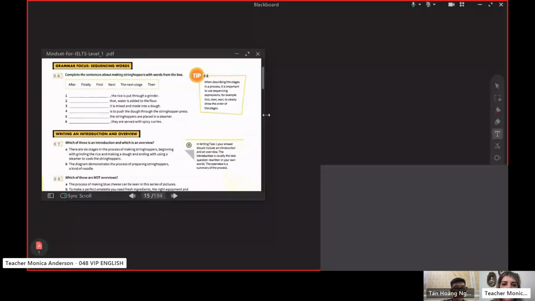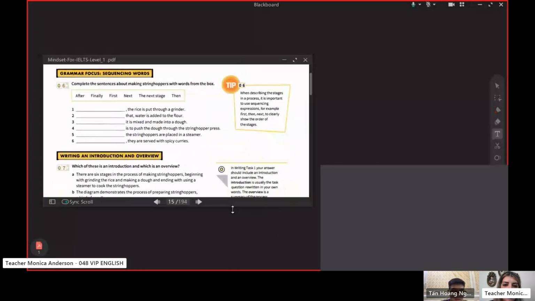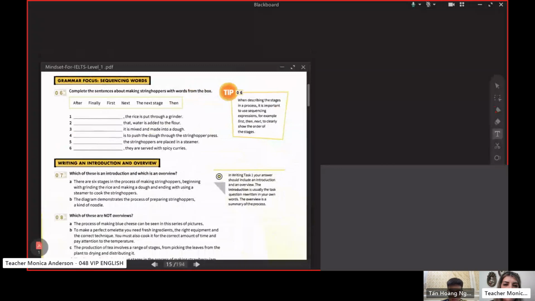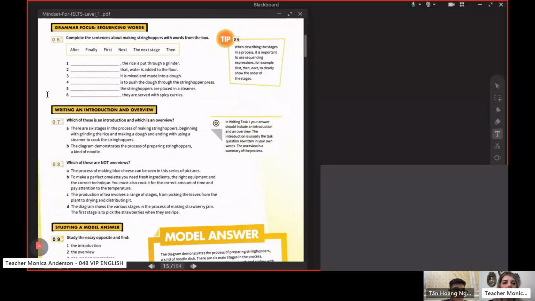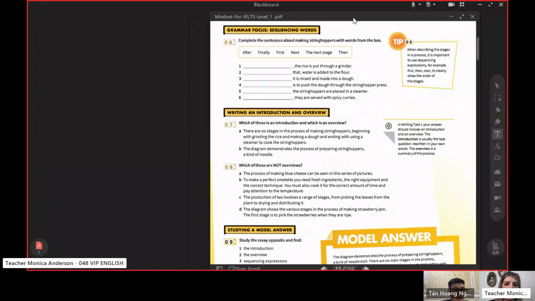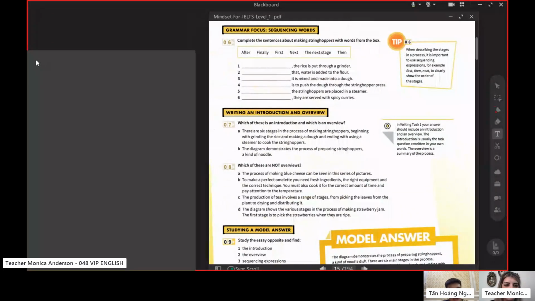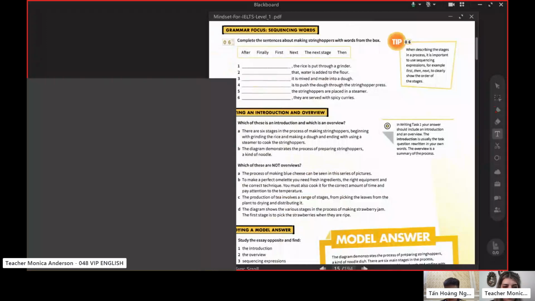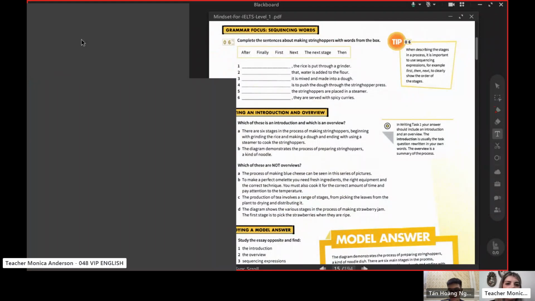Okay, let me make it a little bigger. Can you see now? Yes. Is it clear? Okay, so I put this one here. Now you can see, and put this here. After that is placed in number 2. Of course. After that, you say number 2.